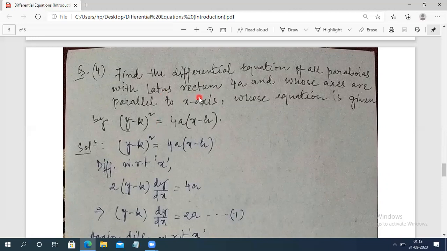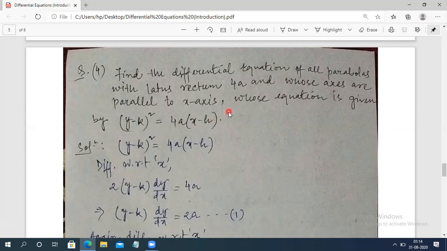Since we have to find the differential equation, it is the case of formation of differential equation of all parabolas with latus rectum 4a and whose axes are parallel to the x-axis. And the equation of the parabola is also given, y minus k whole square equal to 4a times x minus h.